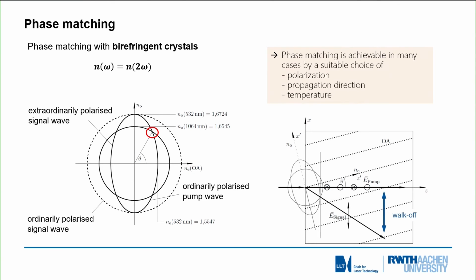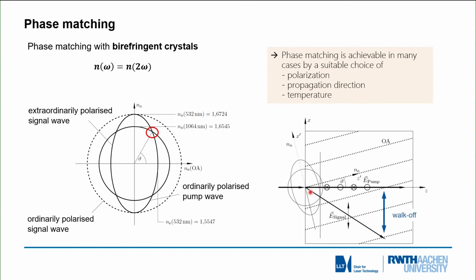In an even more detailed view, you see here the propagation in this birefringent crystal. The pump signal will just go straight through that crystal, but because we have a different group velocity of the green, the resulting signal, we need a different path of that beam.